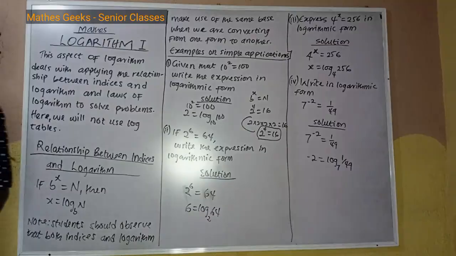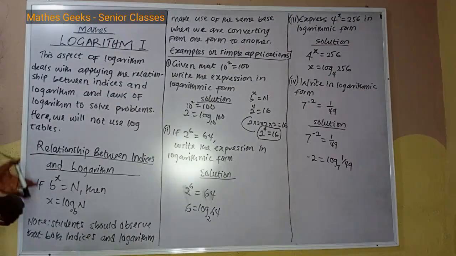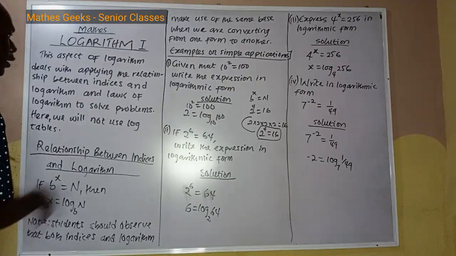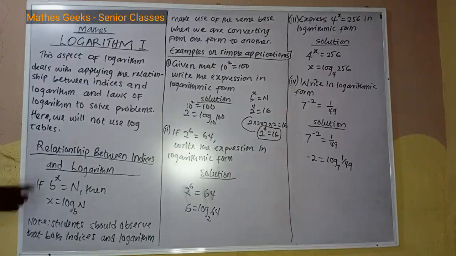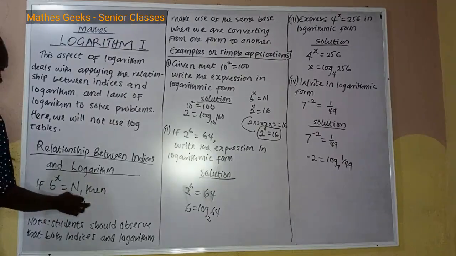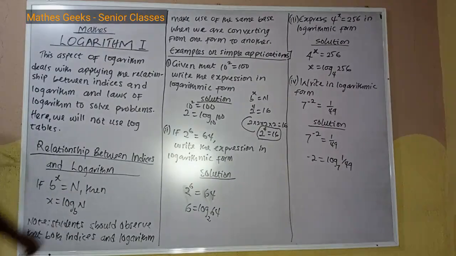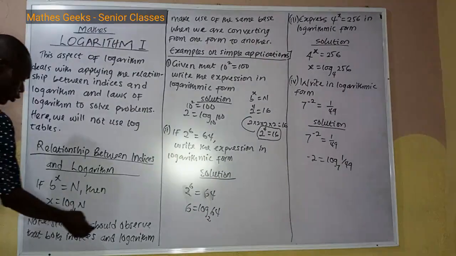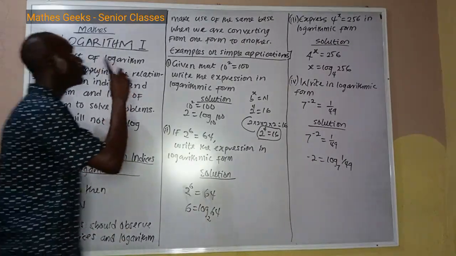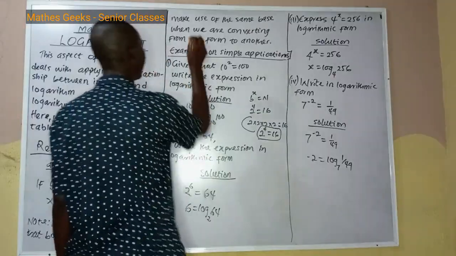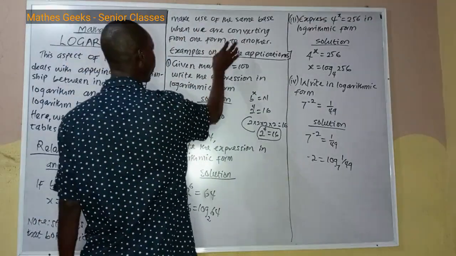So the laws that apply to indices are definitely going to apply to logarithm in this class and onwards as we treat logarithm 1. All right, so take note of that. Now, if b raised to the power x is equal to n, then x is equal to log n to the base b. Note, students should observe that both indices and logarithm make use of the same base when we are converting from one form to another.